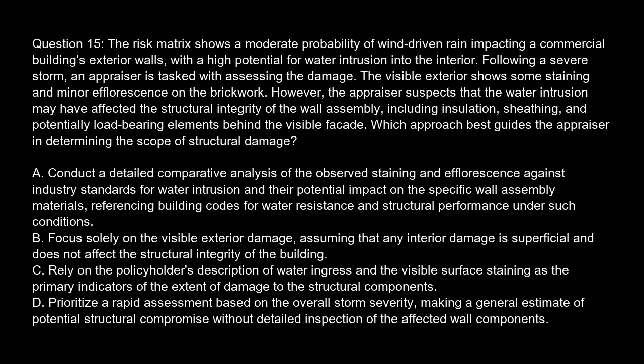Option C. Rely on the policyholder's description of water ingress and the visible surface staining as the primary indicators of the extent of damage to the structural components. Option D. Prioritize a rapid assessment based on the overall storm severity, making a general estimate of potential structural compromise without detailed inspection of the affected wall components.